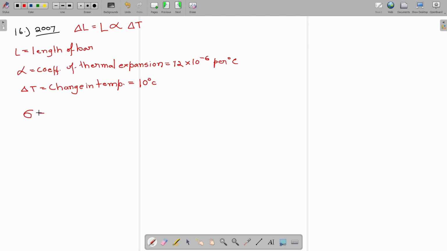Now, thermal stress is given as alpha delta T E. Here E is the Young's modulus. This is the thermal stress.